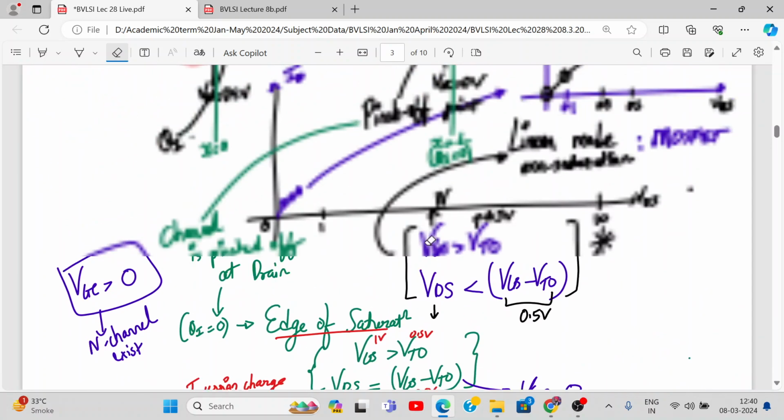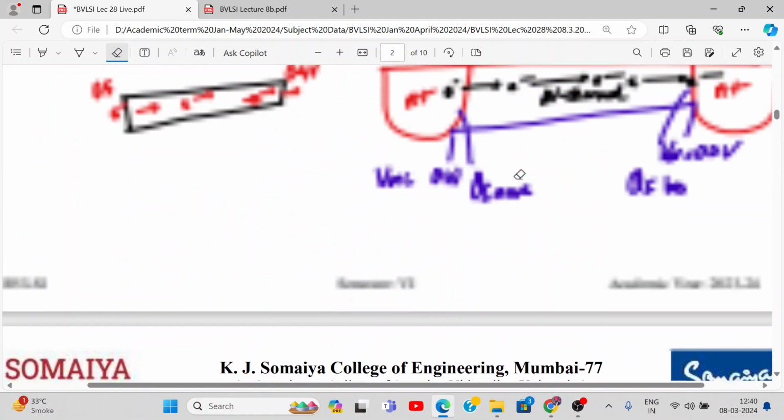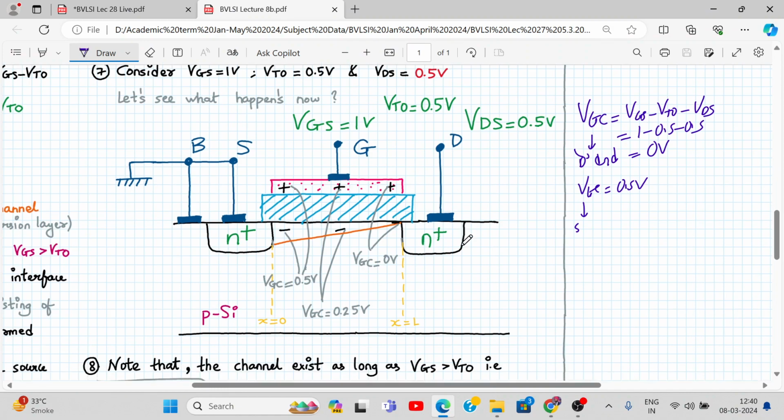नाउ इसके बाद व्हाट द स्टोरी इज, इफ आई अप्लाई अ हायर वैल्यू ऑफ VDS ग्रेटर देन 0.5 तो व्हाट इज द स्टोरी. कैन एनीवन टेल मी व्हाट विल हैपन हियर.